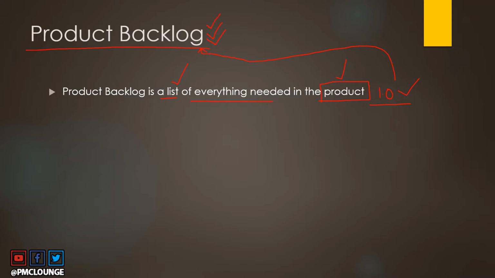So essentially what happens is product backlog never gets completed. Your product backlog is an ongoing list which contains all the features that the product should have.